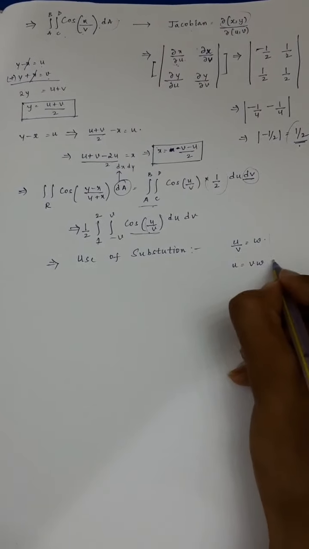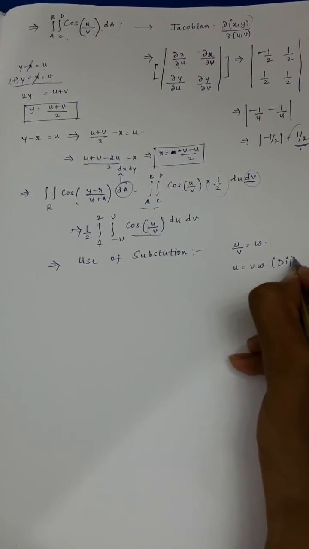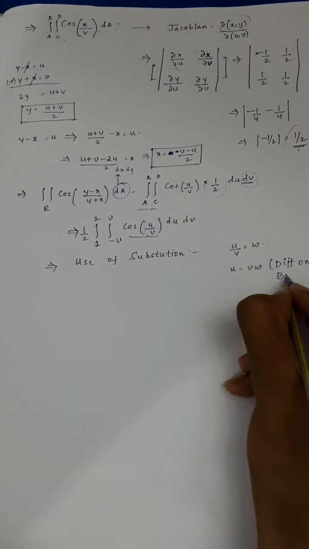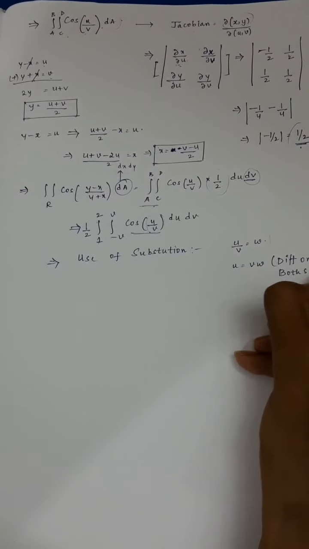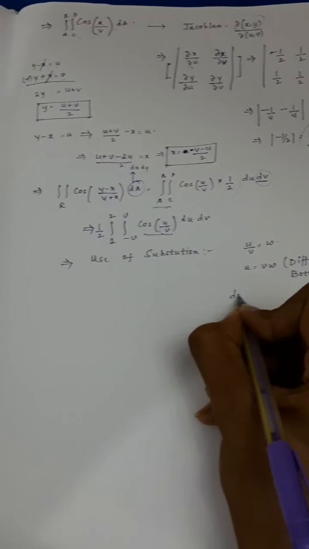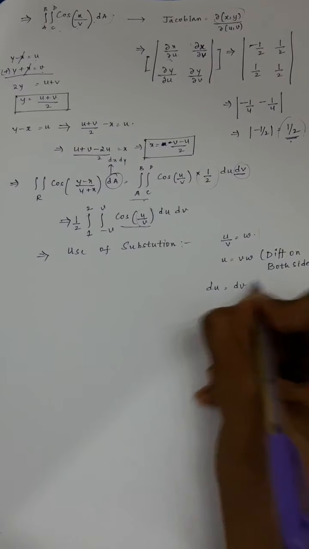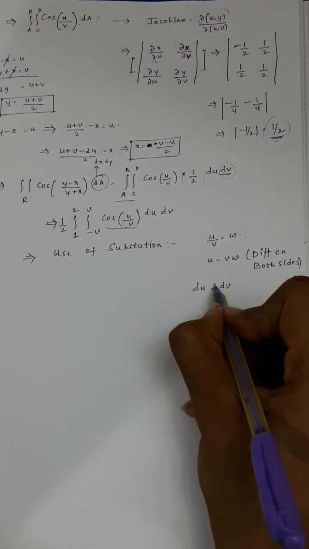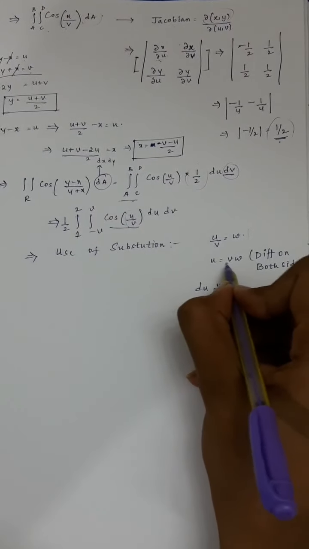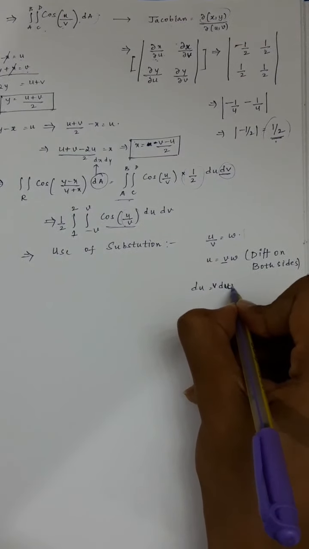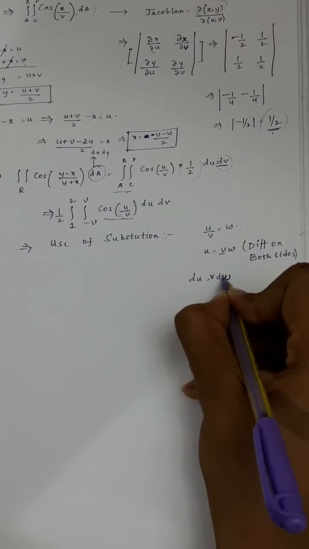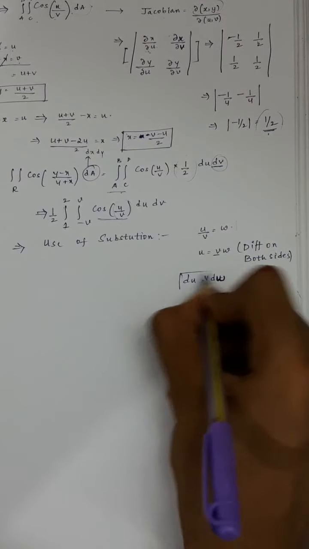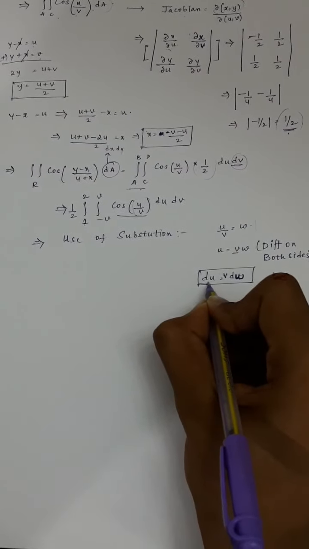By differentiating on both sides, we get du is equal to v times dw, since v is a constant. This is what we are getting for du.